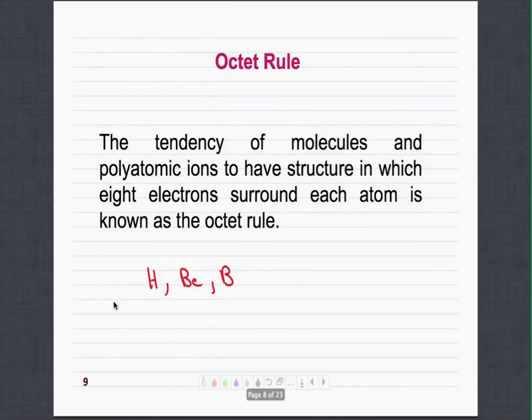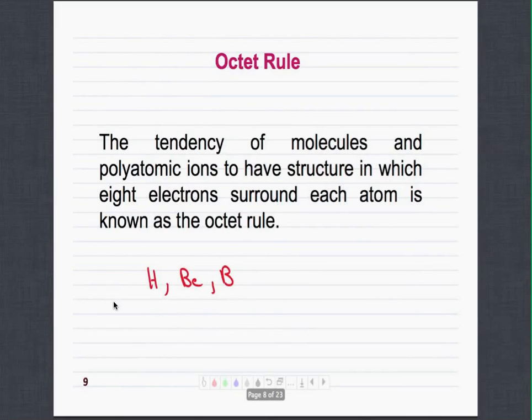Beryllium is going to need 4 electrons around it, 2 bonds. Boron needs 3 bonds. There are cases where it obeys the octet rule, and sometimes it doesn't. So with boron, you're going to see sometimes it has 4, and sometimes it has 3 bonds around it.